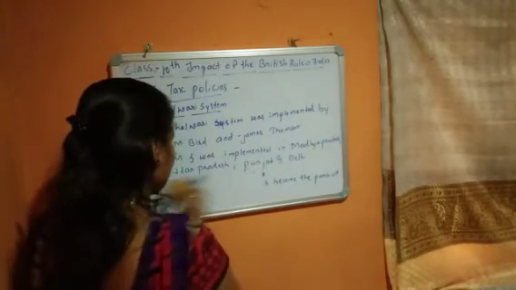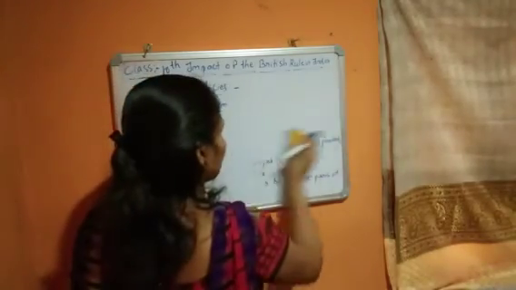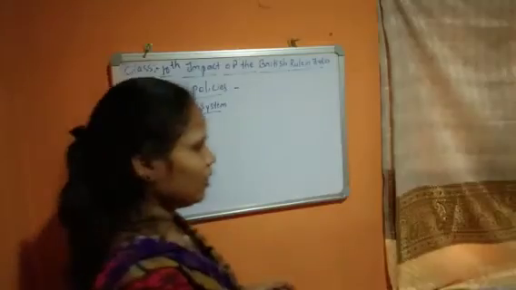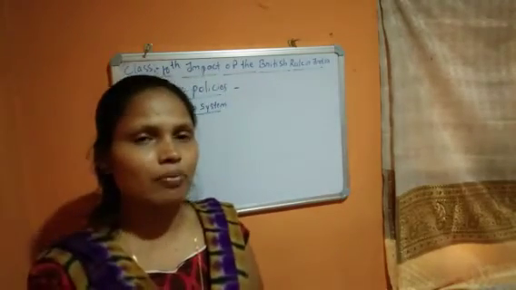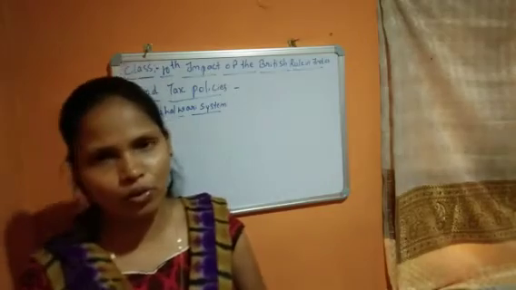Okay, next. Company officials fixed more land tax than the productivity from the fields. As a result, zamindars had to lose ownership of land.